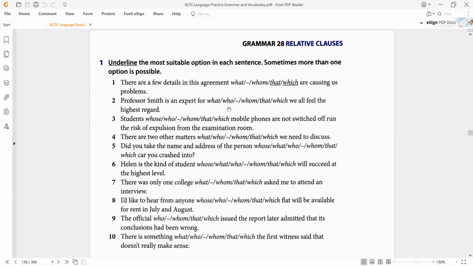Number 1, there are a few details in this agreement that are causing us problems because we are talking about details. So we don't say what or whom. So you can say that or you can say which, no problem.